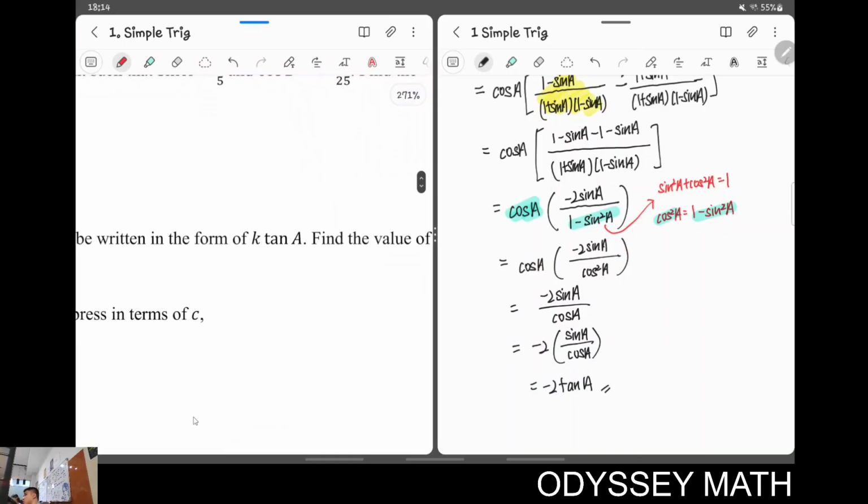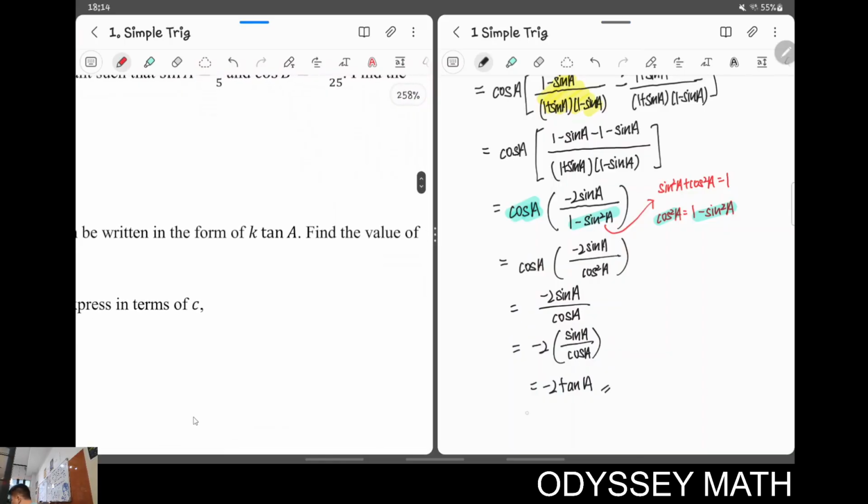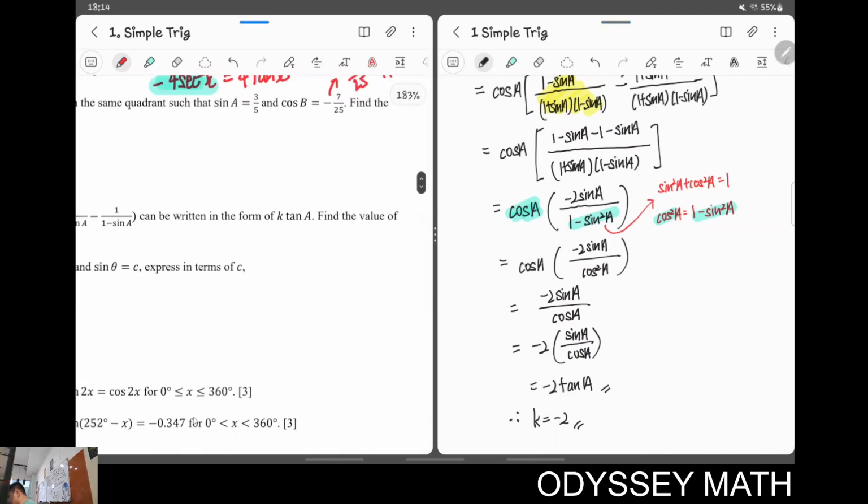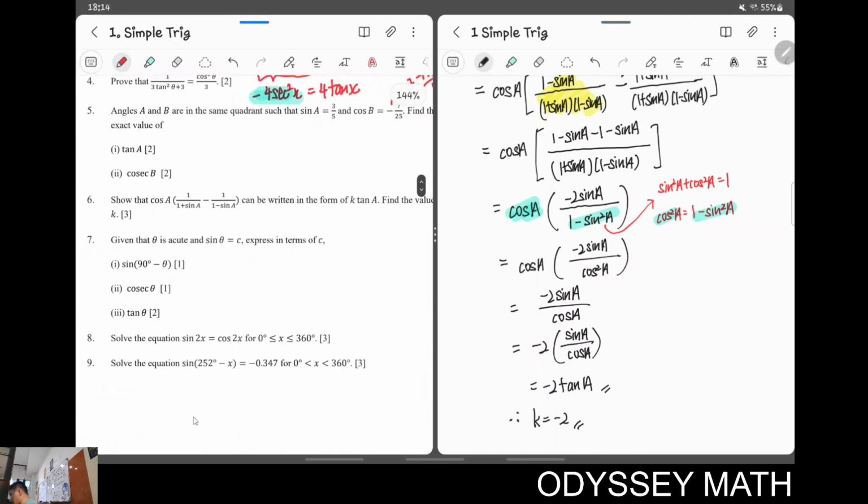K times tangent A, this is minus 2 times tangent A, so therefore k equals to minus 2. Got it? So that's for question number 6 over here.